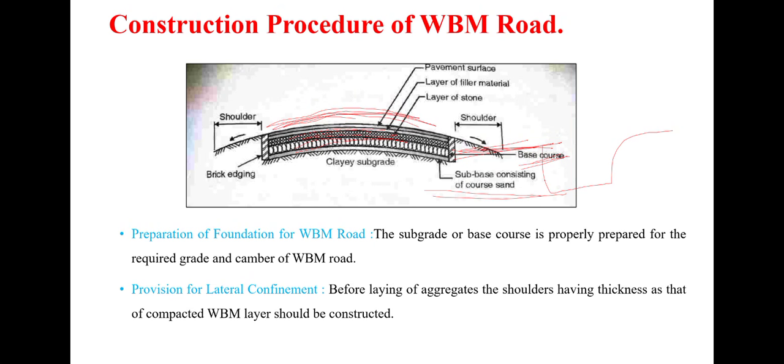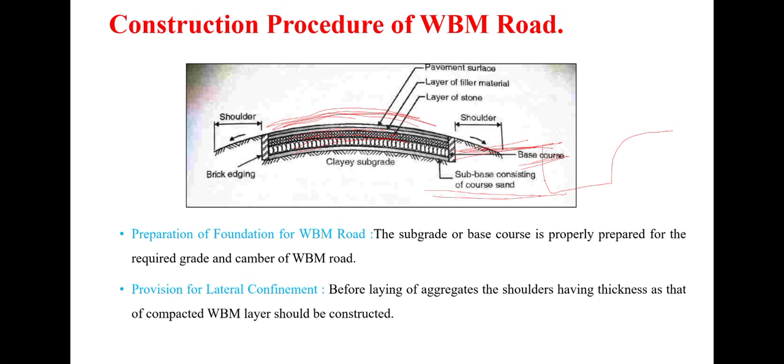Also, the corrugations are removed by scarifying and reshaping the surface to the required grade and camber as necessary. If the WBM road is to be provided on existing surface, furrows of depth 50 mm and width 50 mm are cut at 1 meter interval and at 45 degrees to the center line of the carriageway before laying the coarse aggregate.